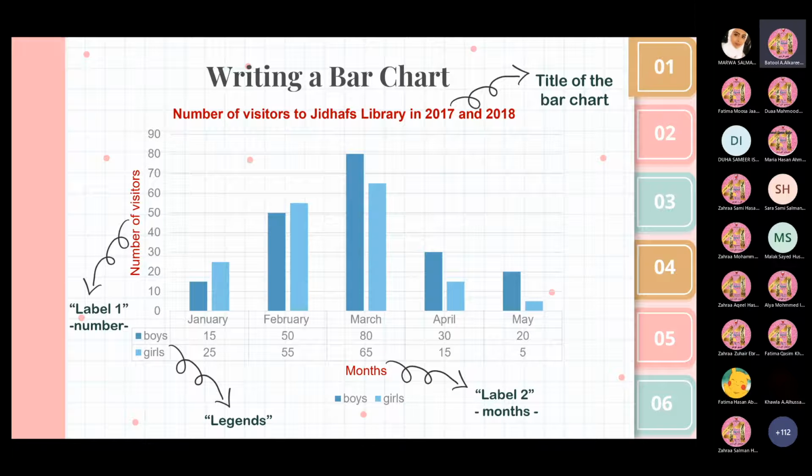I can say: label 2, months has the highest number of label 1.